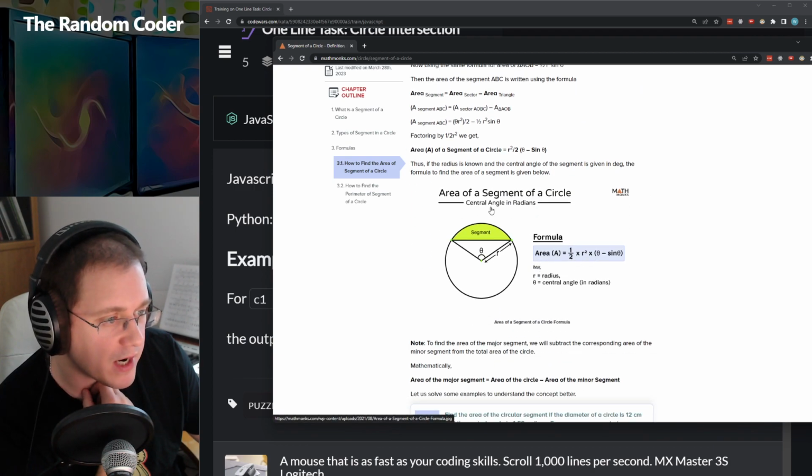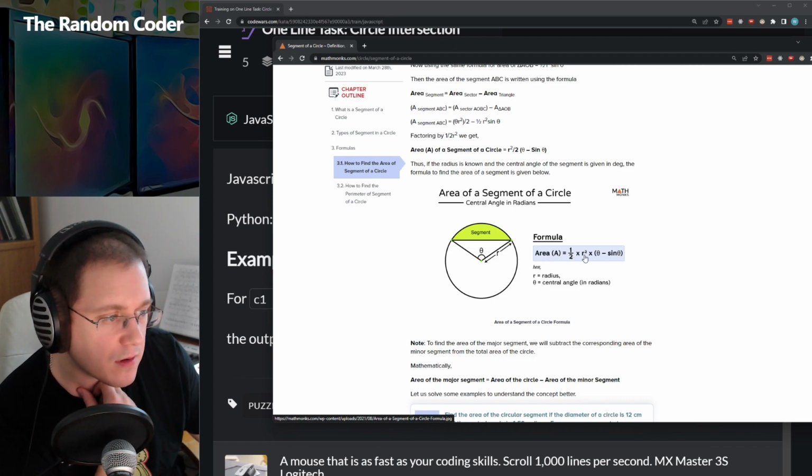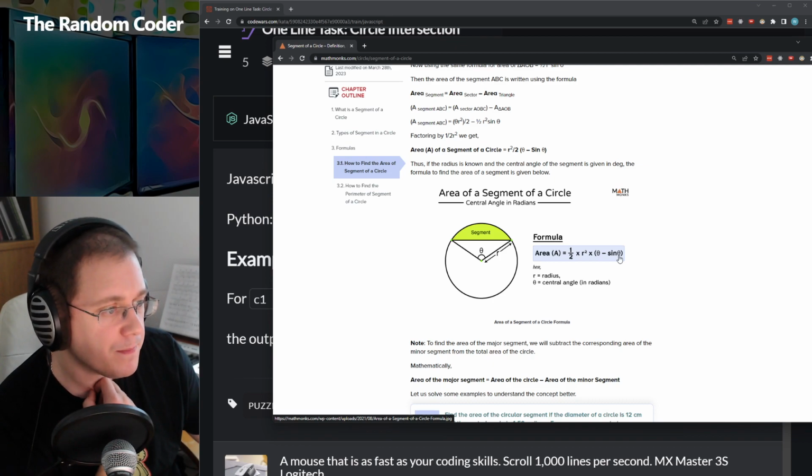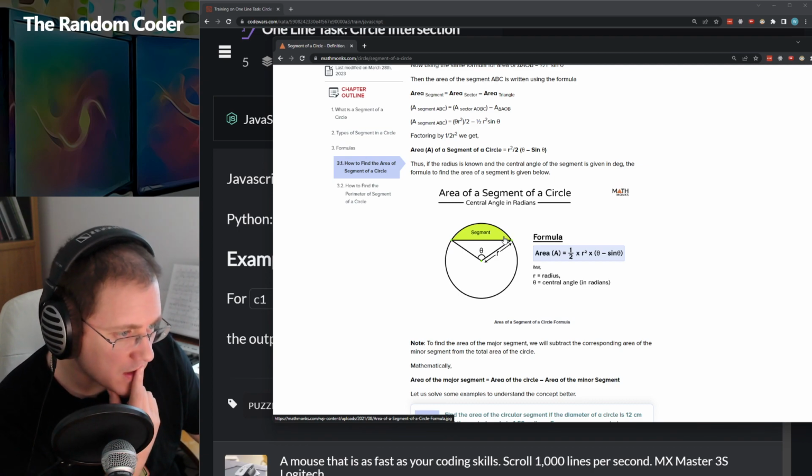Yeah, this is in radians: half of r squared times theta minus the sine of theta. So the key things we need to know are this angle, actually, and the radius. And that defines the segment. Yeah, that makes sense.